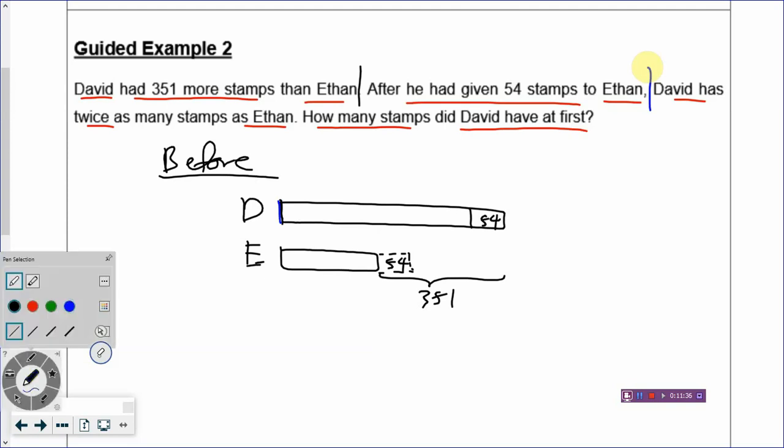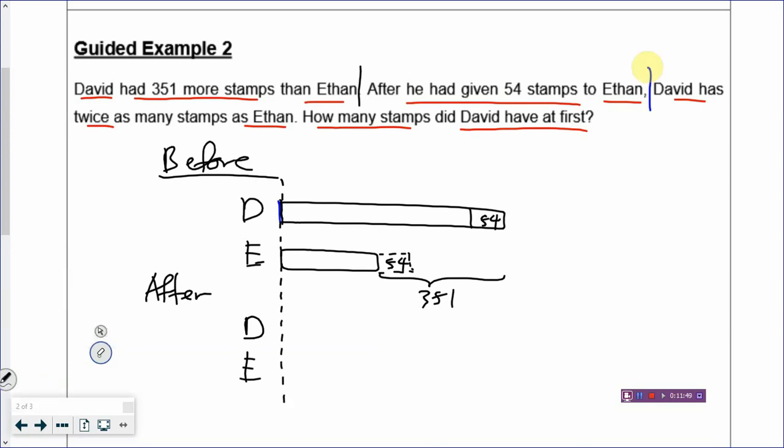When you draw your after model, your rectangles must always start at the same side, at the dotted line. And David's rectangle is until where now? After David has given 54, his rectangle is going to be until the dotted line. So you are going to draw the after model for David until here.